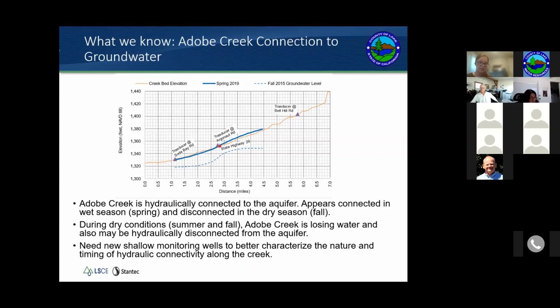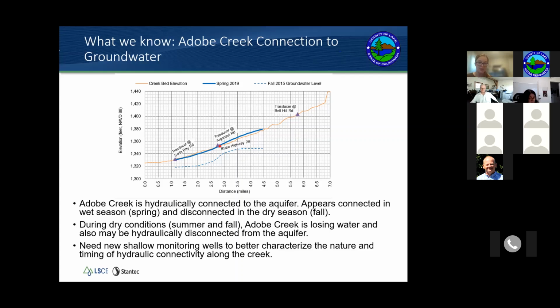And then it's disconnected in the fall when it's dry, which is that 2015 contour that you see on the graph there. During dry conditions, Adobe Creek is losing water, so water is going into the ground, and it might be hydrologically disconnected from the aquifer. So the flow that's in Adobe Creek is not actually recharging the aquifer at any point.